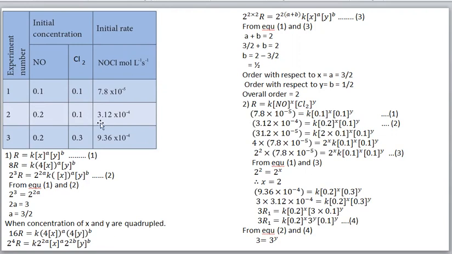Okay, so rate is equal to 3.12 into 10 to the power minus 4, equal to rate constant into concentration of NO, that is 0.2 to the power X. Then you see concentration of Cl2, that is 0.1.